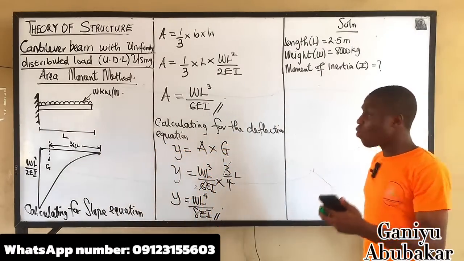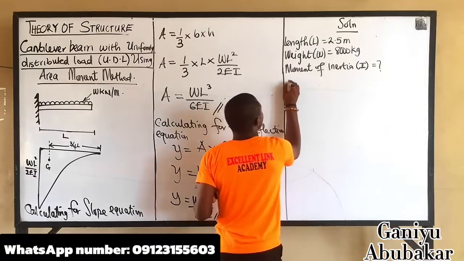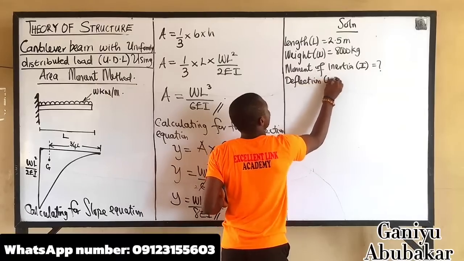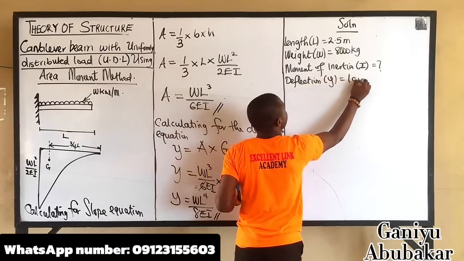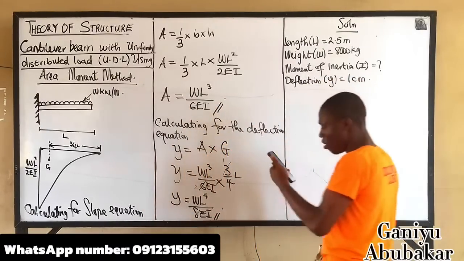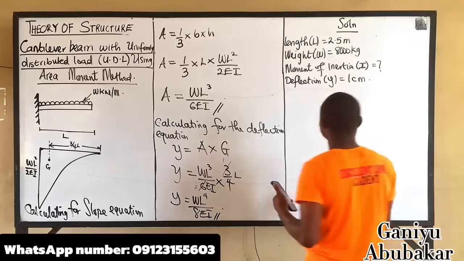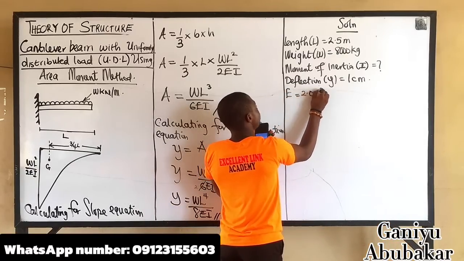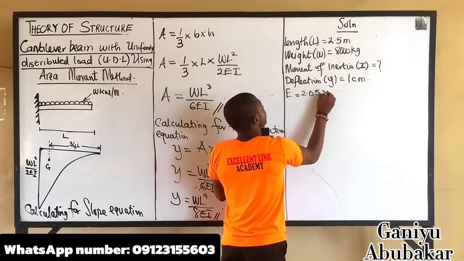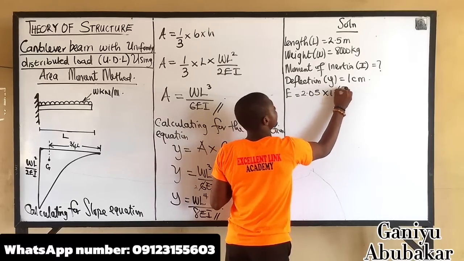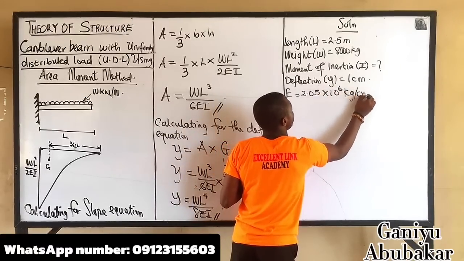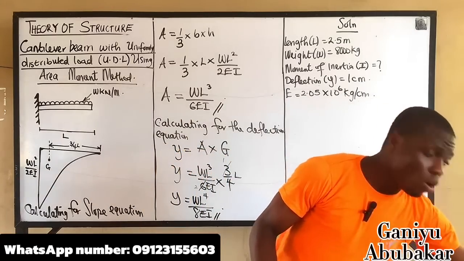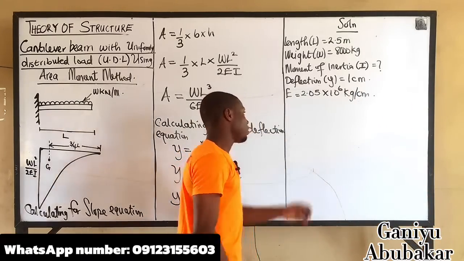If the deflection, that's y, is 1 centimeter. And I'm given that E is 2.05 times 10 to the power 6 kilogram per cm squared. All right, let's solve this question together, please.